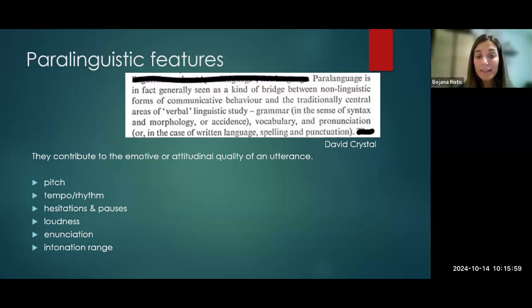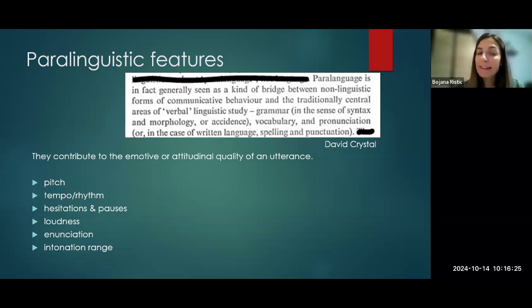And David Crystal, who is a very important linguist because he wrote the Encyclopedia of Linguistics and works a lot on the popularization of linguistics, says that it's sort of a bridge. Paralanguage is a bridge between non-linguistic forms of communication and traditionally linguistic forms such as grammar and vocabulary. And I will explain how.